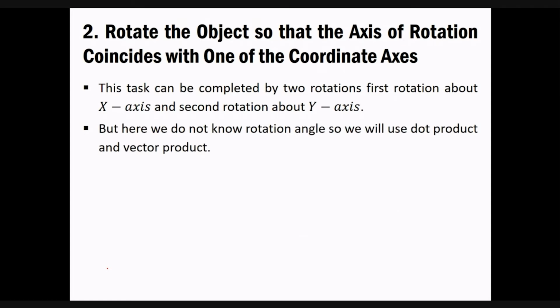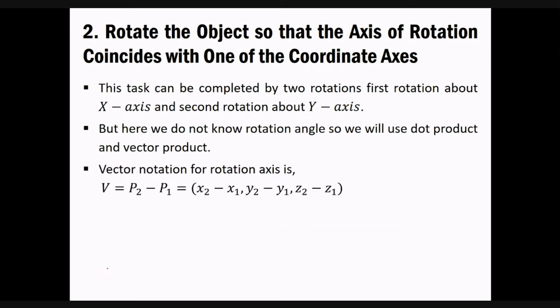If there are multiple operations, then our complexity would increase. But one problem we have over here is we don't know the rotation angle. If you don't know, we will use the dot product and vector product. Try to recall your concepts of 10th or 12th mathematics, as we will use the same thing over here.